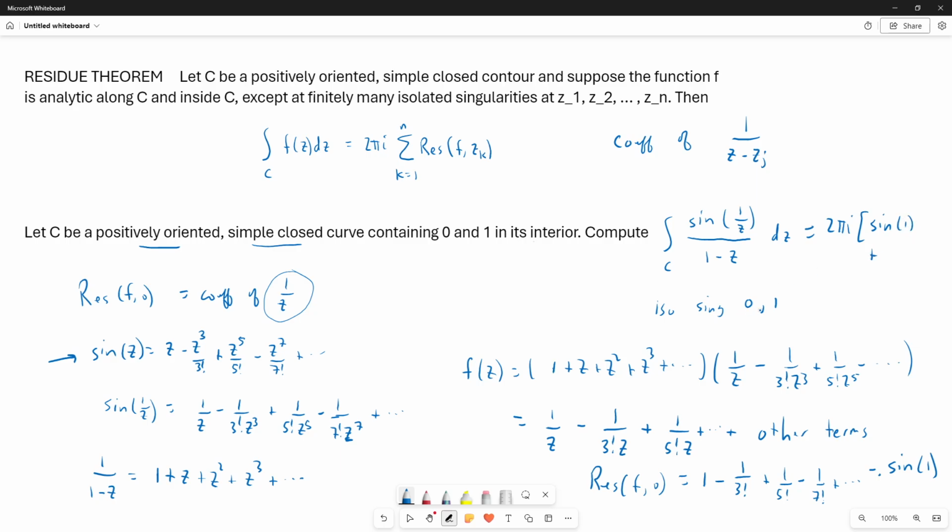then plus, now we need the residue at 1. And the residue at 1 is going to be a little bit simpler because the numerator function here is analytic at 1, so it has a Maclaurin series centered at 1.